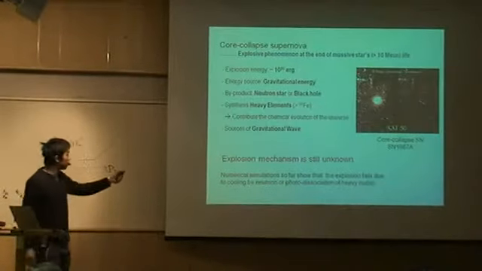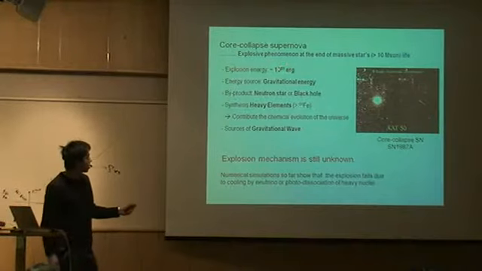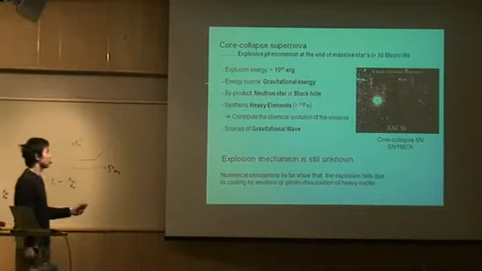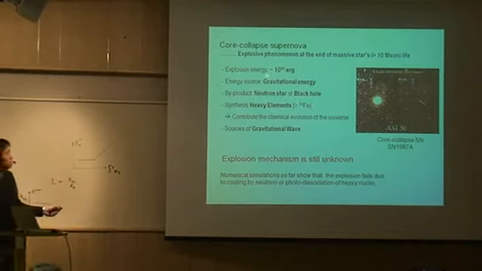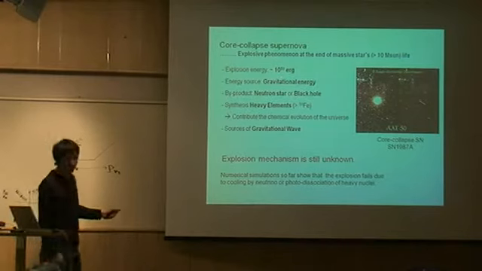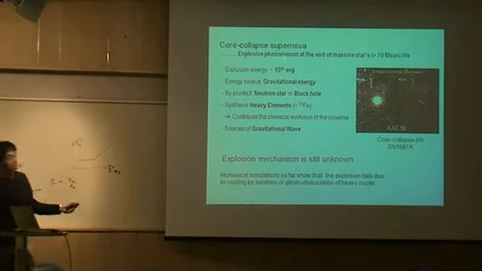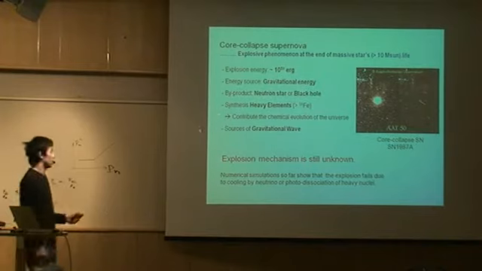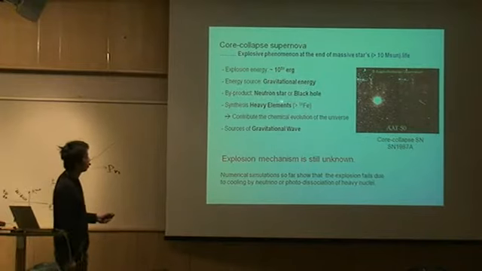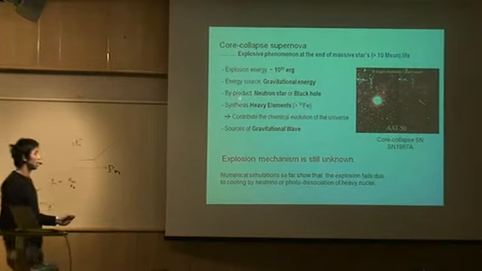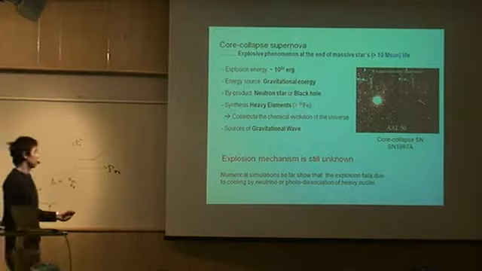Supernova is an explosive phenomenon which occurs at the end of a massive star's life. Its explosion energy is about 10 to the 51 ergs, and its energy source is gravitational energy. It produces a neutron star or black hole as a byproduct of the explosion.